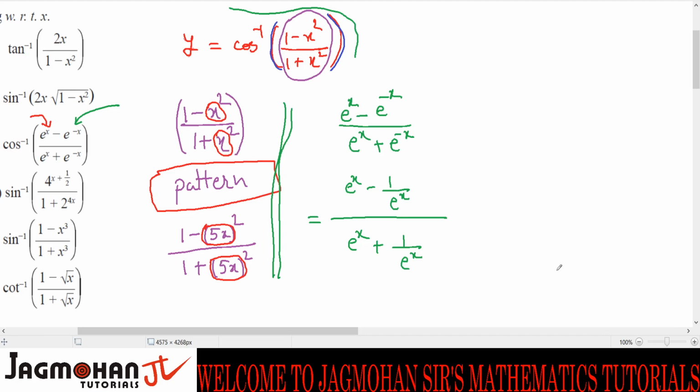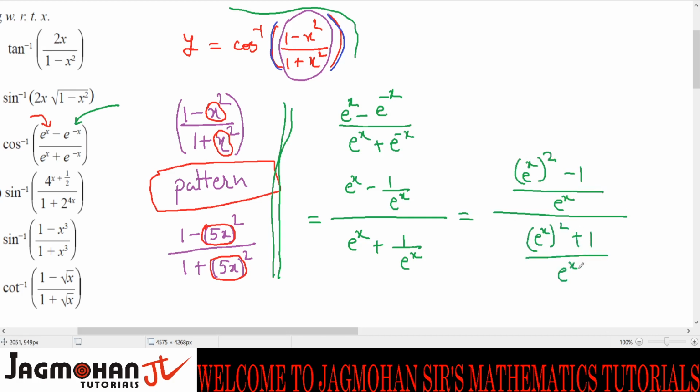Now I'll take the LCM, which is e raised to x. So the numerator becomes e raised to x square minus 1, and the denominator becomes e raised to x square plus 1, with LCM e raised to x again.